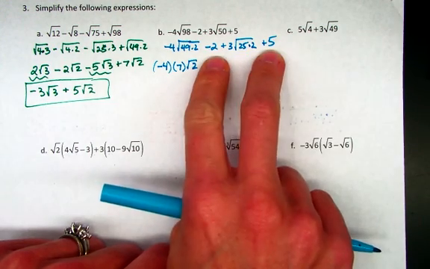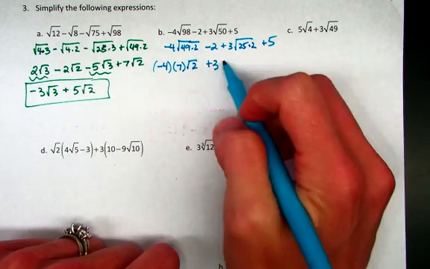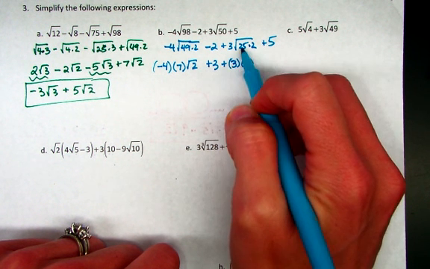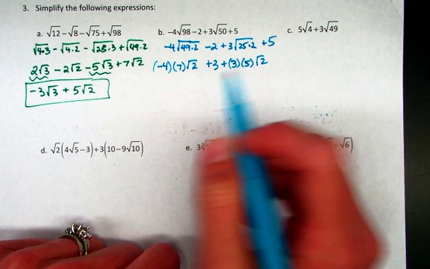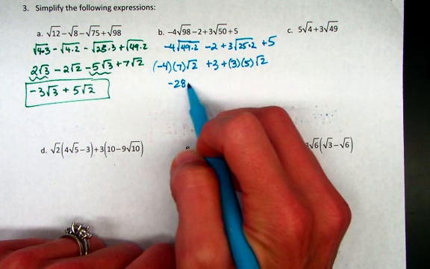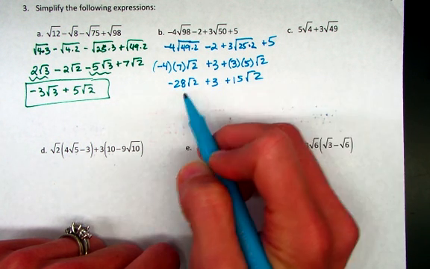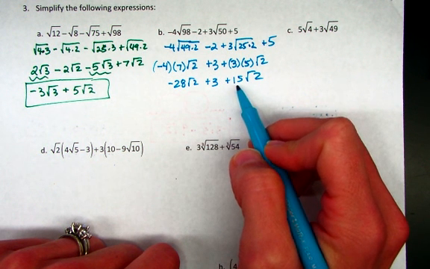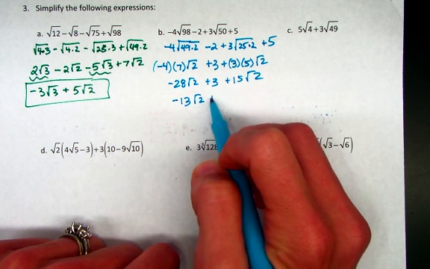The 5 and the negative 2 become a positive 3, and then this becomes 3 times 5 because the square root of 25 is 5, and then the root 2 is still there. So I have negative 28 root 2 plus 3, and then plus 15 root 2, and negative 28 and a positive 15 is negative 13. So we have negative 13 root 2 plus 3.